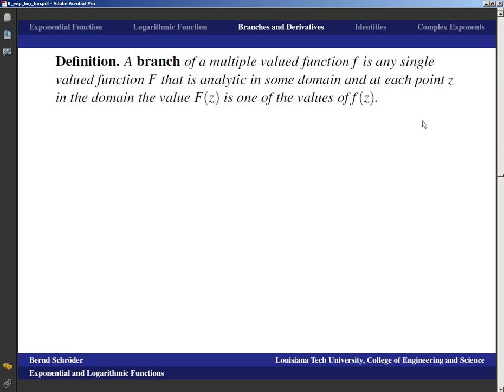So that's exactly the idea that we had for the principal branch of the logarithm. We simply looked at a domain where the function returned single values, and then we proved that on that domain, or on any similar domain, actually, the single valued function is differentiable.